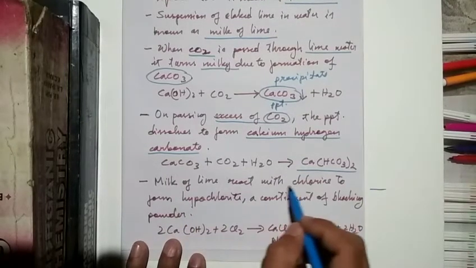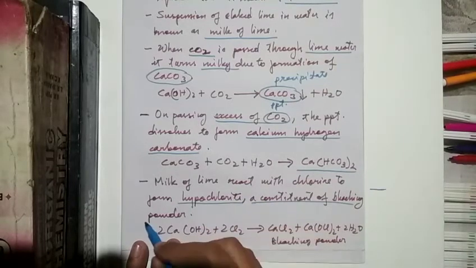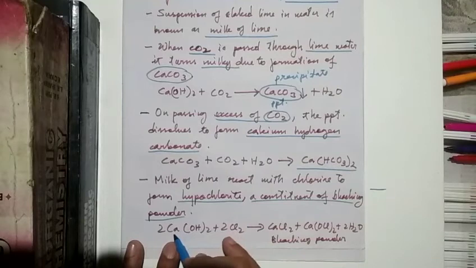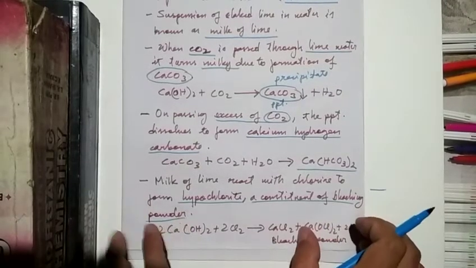Milk of lime reacts with chlorine to form hypochlorite, a constituent of bleaching powder. So this milk of lime, this suspension of lime in water, reacts with chlorine to give calcium chloride plus this constituent of bleaching powder known as hypochlorite, and water molecule.